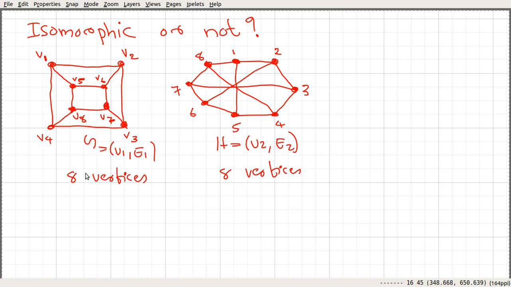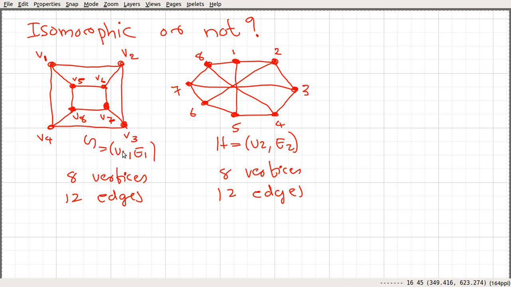So this graph has 12 edges. Similarly, if you count the number of edges here, 1, 2, 3, 4, 5, 6... no, I think 8 plus 4. Again, you can see that this graph has 12 edges. So these two quantities match.